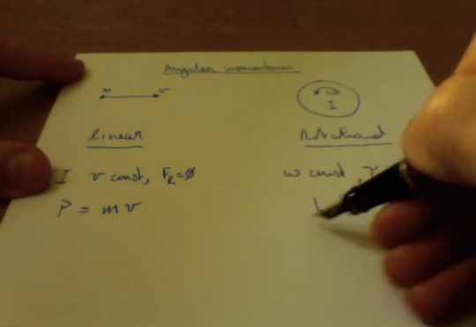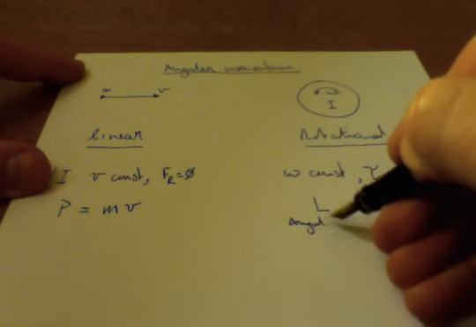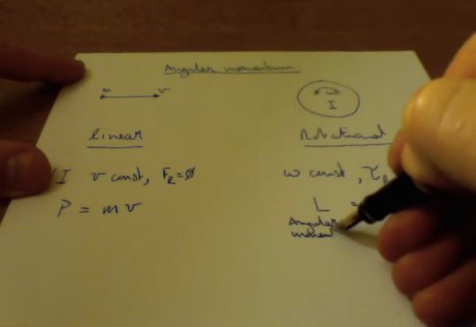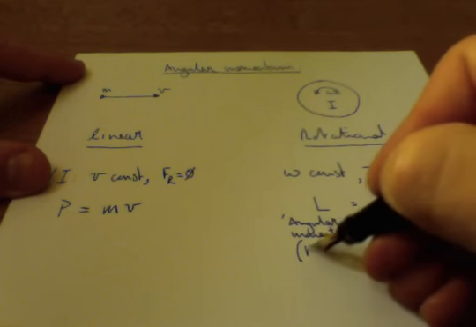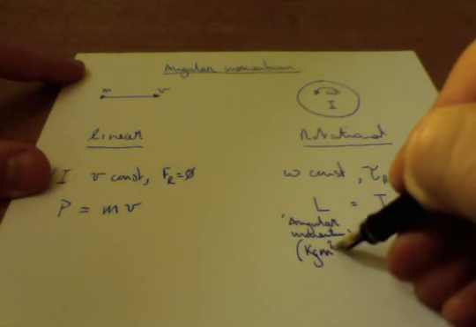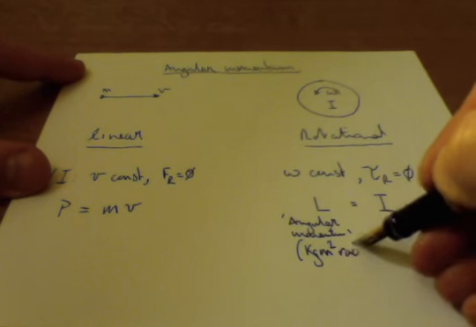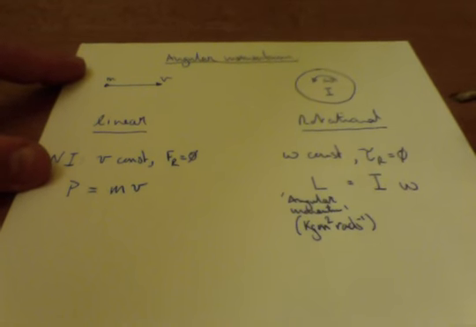We ought to really give this a sense of what it is. This is the angular momentum, and it's given the units of kilograms meters squared, that's what the moment of inertia is, radians per second. That's quite a mouthful for a unit.